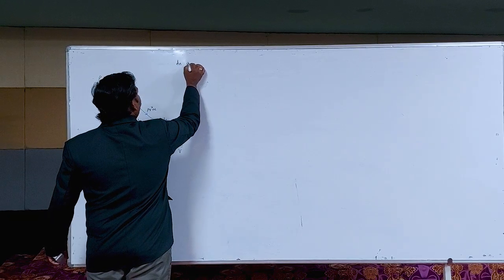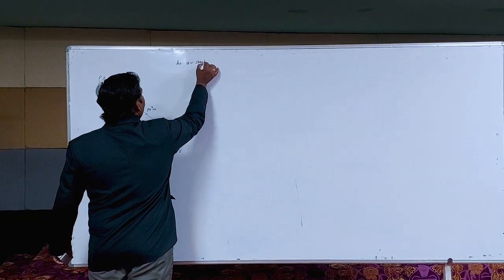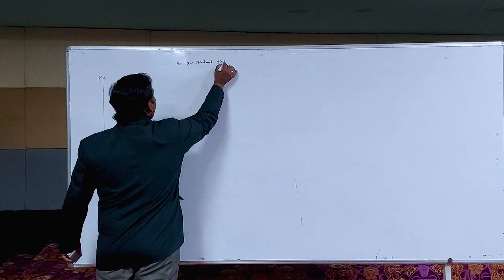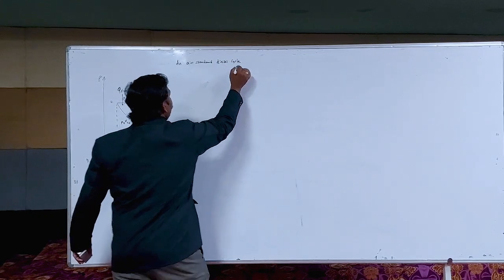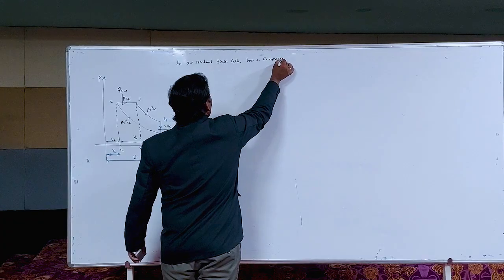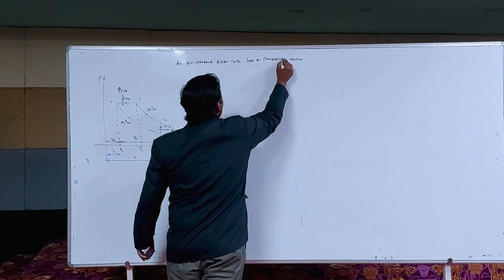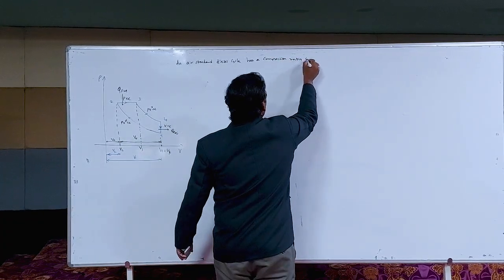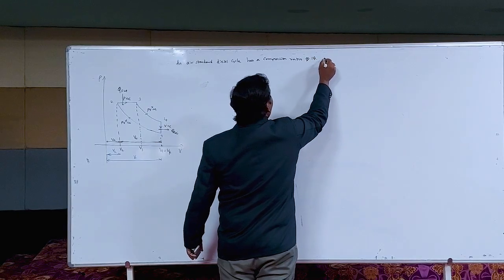An air standard diesel cycle has a compression ratio of 14.